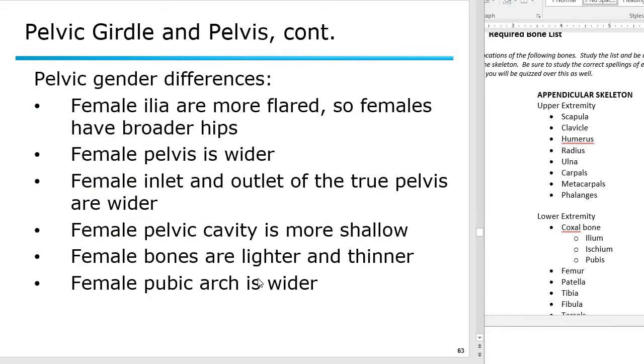There are some differences between the pelvic girdle in males and females. In females, the ilia are more flared, so they have broader hips. The pelvis is wider. The inlet and outlet of the true pelvis is wider. The pelvic cavity is more shallow, and female bones are lighter and thinner. And also the female pubic arch is wider.